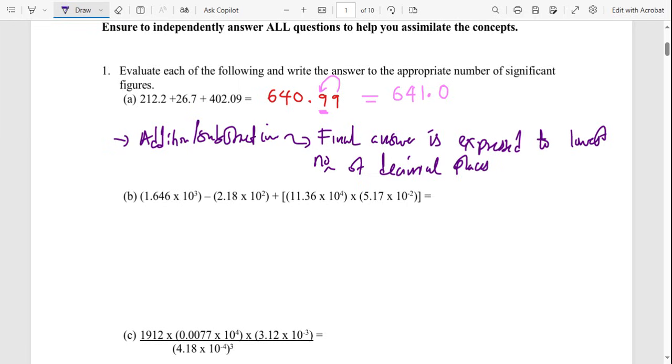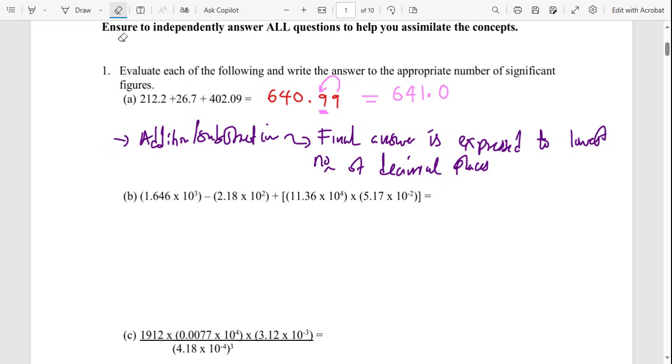So again, we'll just work them out the way they are. 1.646 times 10 to the power 3 minus 2.18 times 10 to the power 2, and then I want you to notice that these here are in brackets. I hope you can tell.